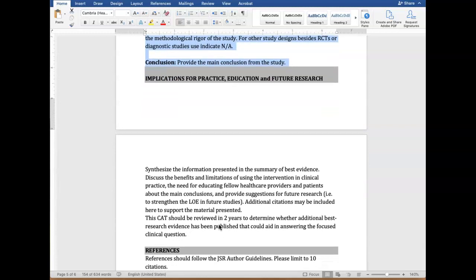The next section is the most important section. It's the implications for practice, education, and future research. So this is where you're going to say to the reader, what did the 3 studies tell us, right? So you're synthesizing the 3 studies, but then most importantly, how can they use this in their clinical practice, or even can they? So you're going to make suggestions on how this should be implemented into their clinical practice.